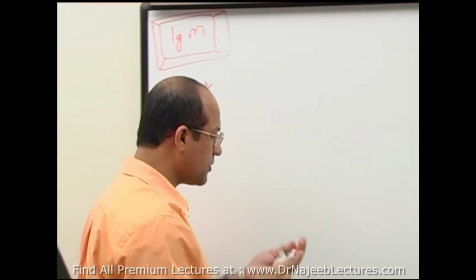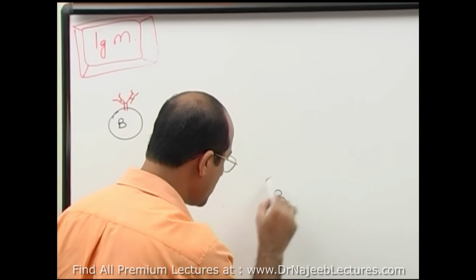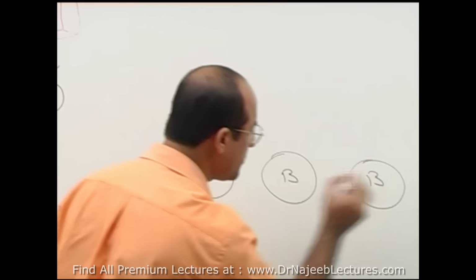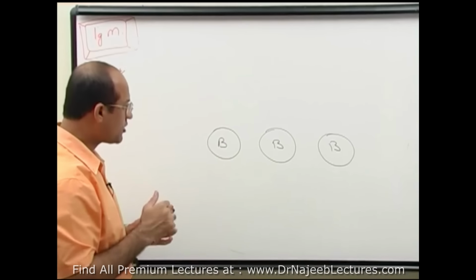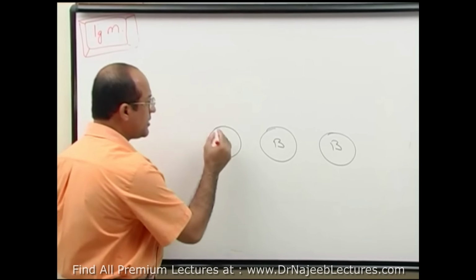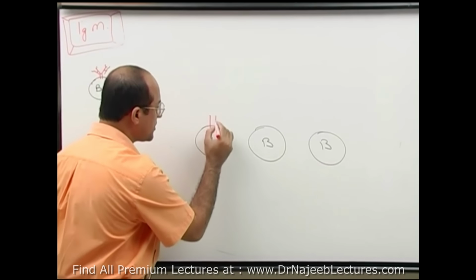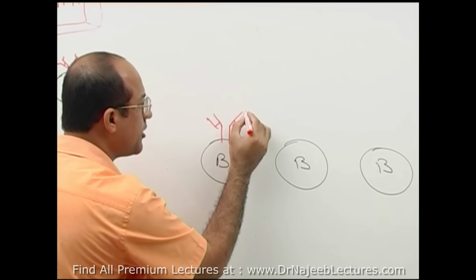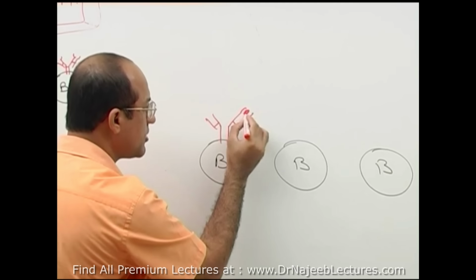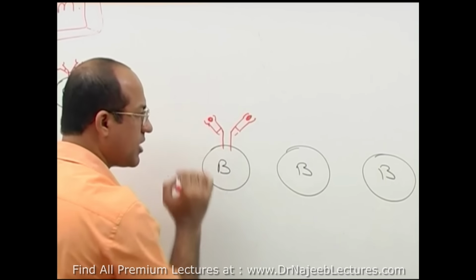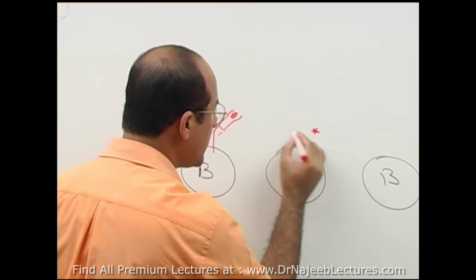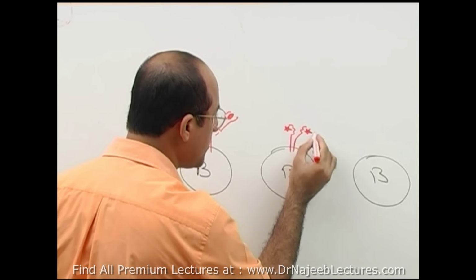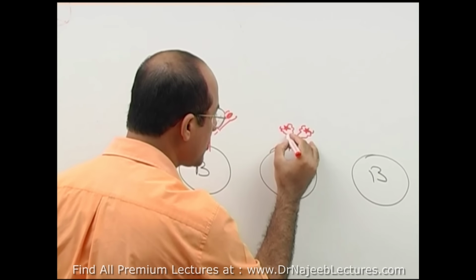Okay, let me tell you before you tell me something new. So this is one B cell, this is another B cell, this is another B cell, right? Let us suppose this B cell is presenting IgM on its surface, and this IgM can bind only with the ball antigen.